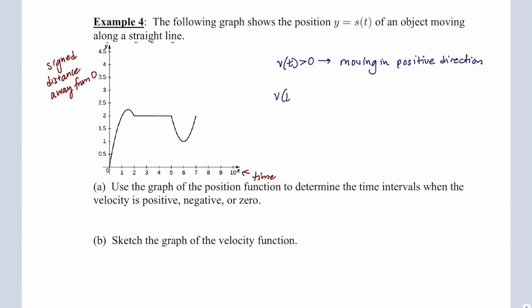V of t equaling 0 would mean not moving, and V of t less than 0 would mean moving in the negative direction.